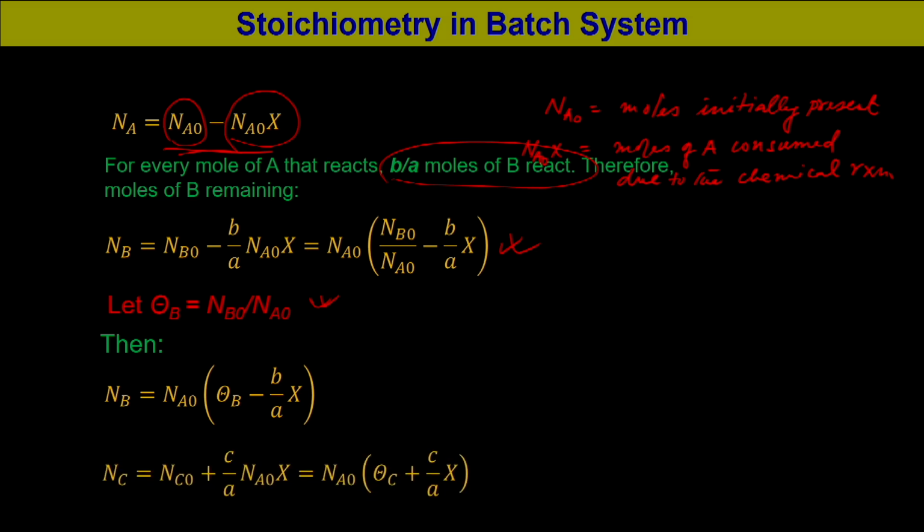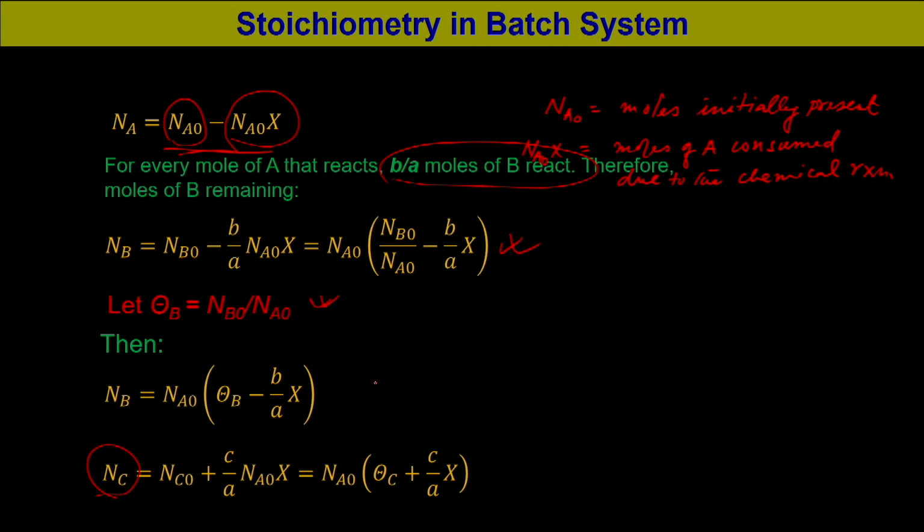Similarly, we can write Nc is equal to Nc naught plus C by A Na naught X. Nc is the product which is produced, and the moles of C produced is C by A into Na naught X. This is based on the stoichiometry of the chemical reaction.